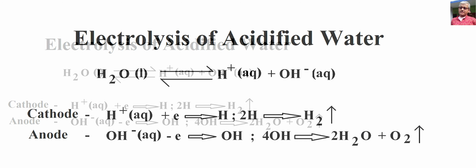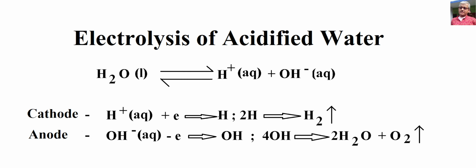In reverse, the anion, hydroxyl ion, moves towards anode, removes its charge to produce a hydroxyl radical, and ultimately an oxygen gas molecule is formed from there. Thus, hydrogen and oxygen gas are produced in 2:1 ratio on electrolysis of acidified water.